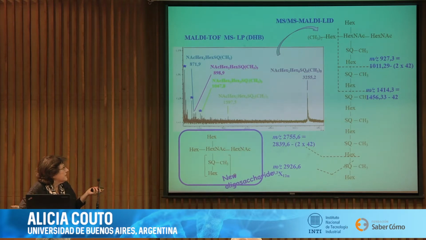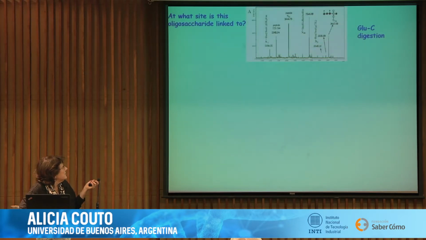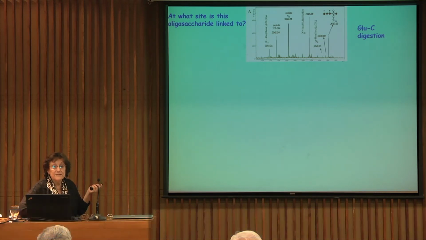So the next step was to see where this glycan was linked to. And for that, we performed a glutamyl endopeptidase digestion of the gel band. In the digestion, we could detect different glycopeptides, some of the ones that had already been determined, but one that could be detected corresponded to the asparagine 732 and bearing a piece of our already detected oligosaccharide.